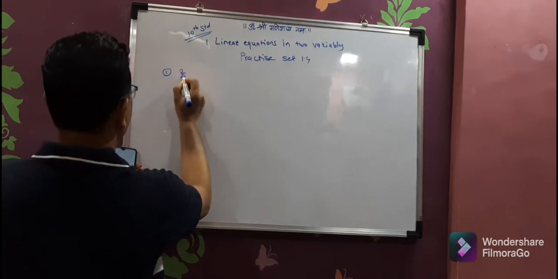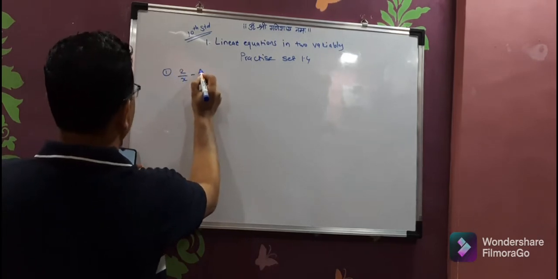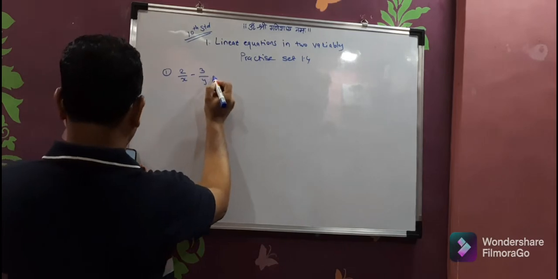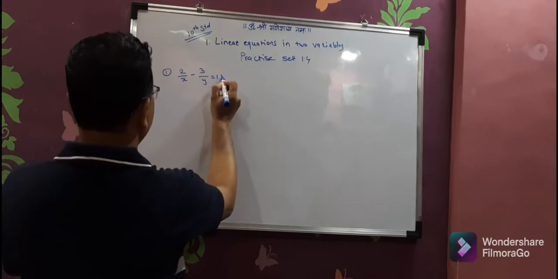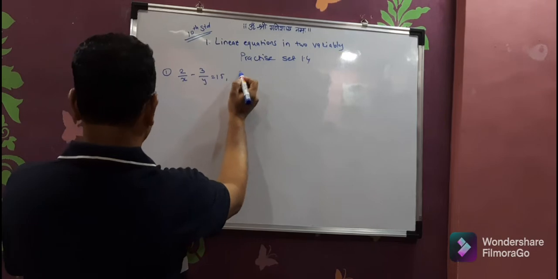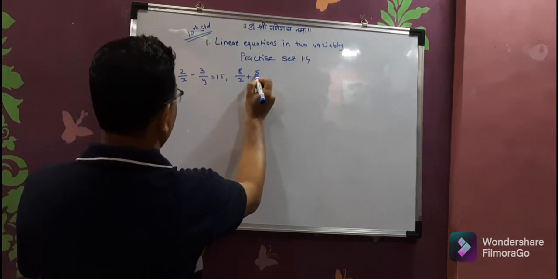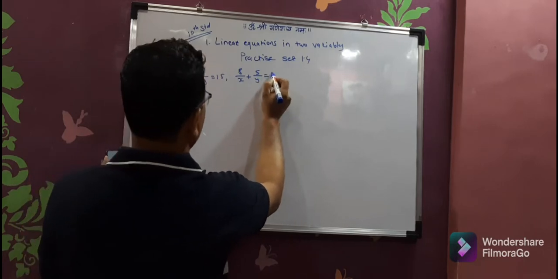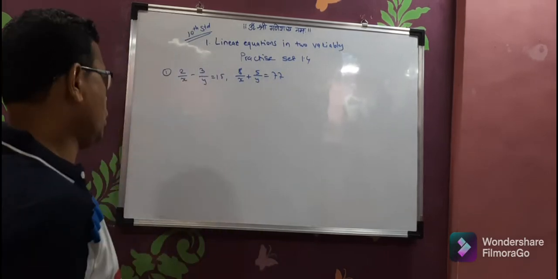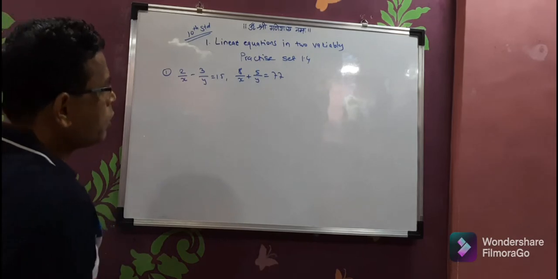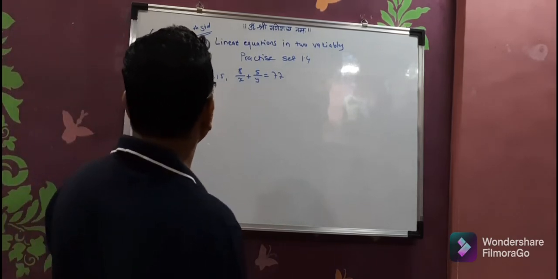The first problem is 2 upon x minus 3 upon y is equal to 15. The second equation is 8 upon x plus 5 upon y is equal to 77. Now these are non-linear equations. You have to first make them linear equations.